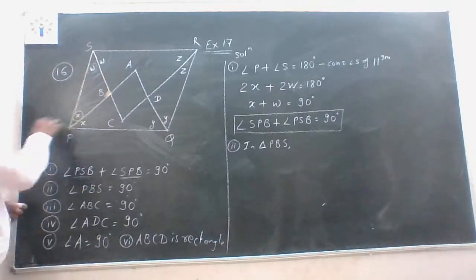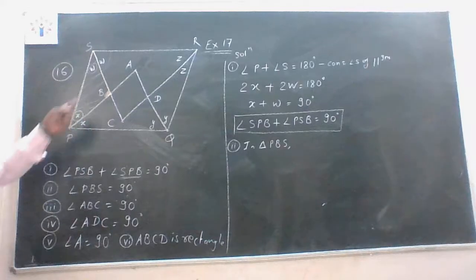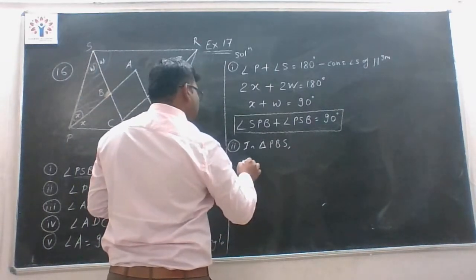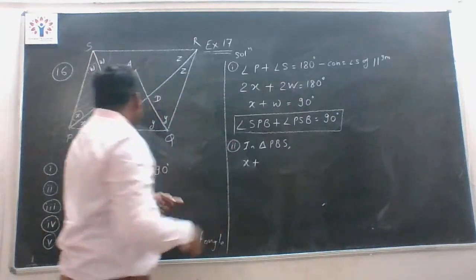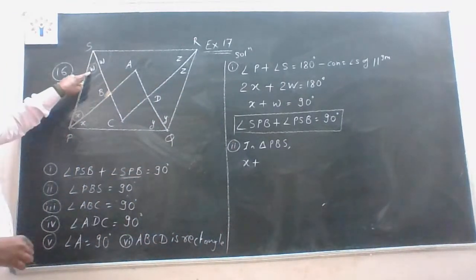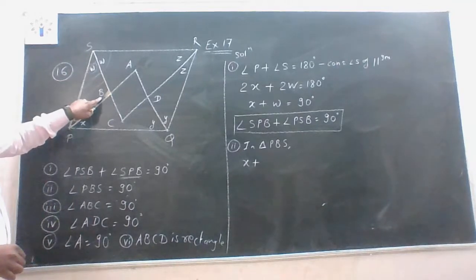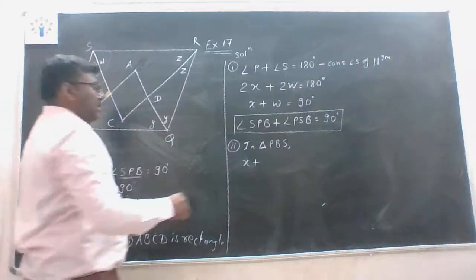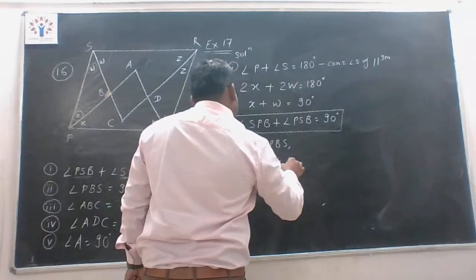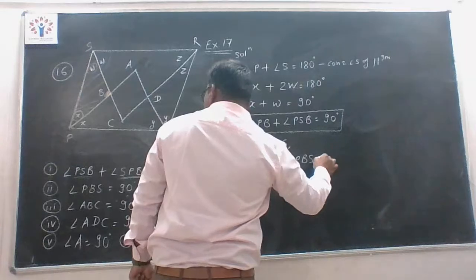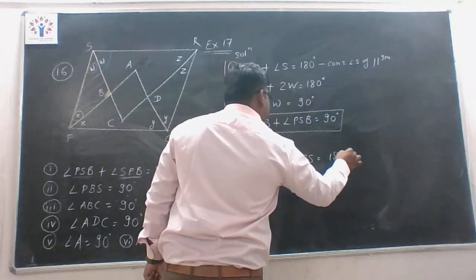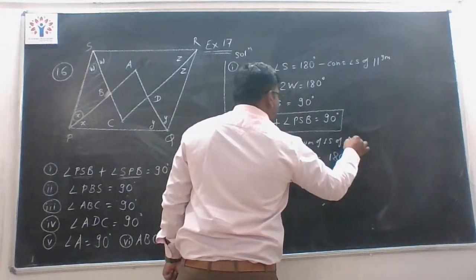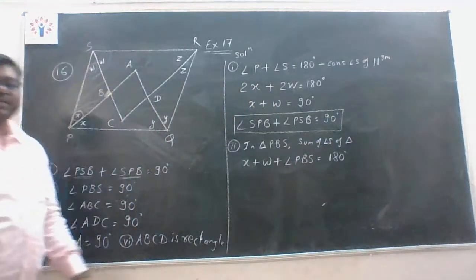In this triangle PBS, we can say that the sum of the angles of a triangle is 180 degrees. So can we write the three angles? The first angle is X, the second angle is W, and the third angle is angle PBS. X plus W plus angle PBS equals 180 degrees. The reason is the sum of the angles of a triangle.